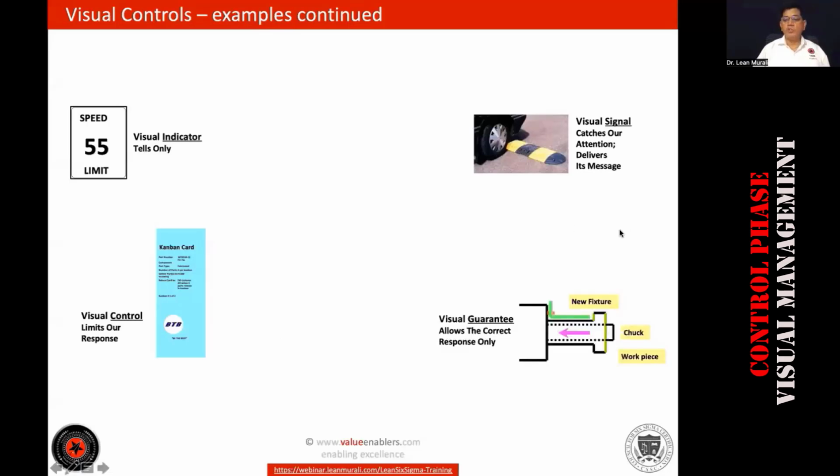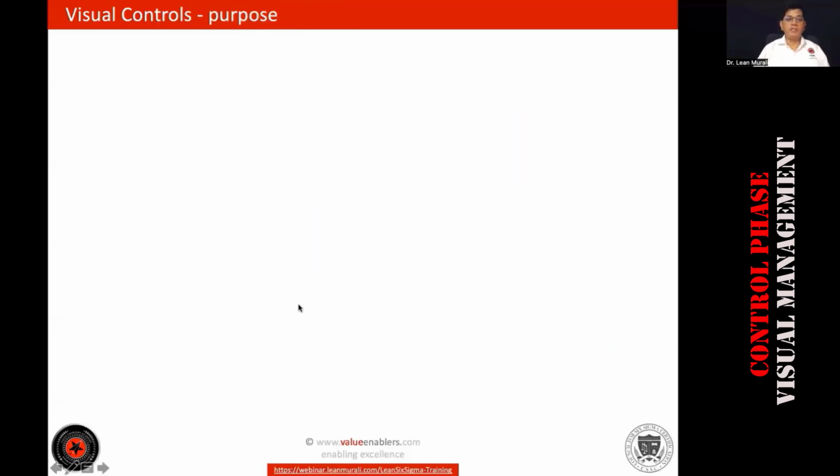How much to be taken, when it should be taken, what should be taken, and stuff like that. And also this is one machine component where visual guarantee allows only the correct position, correct response, right? And the signal lights will provide you some sort of an indication.